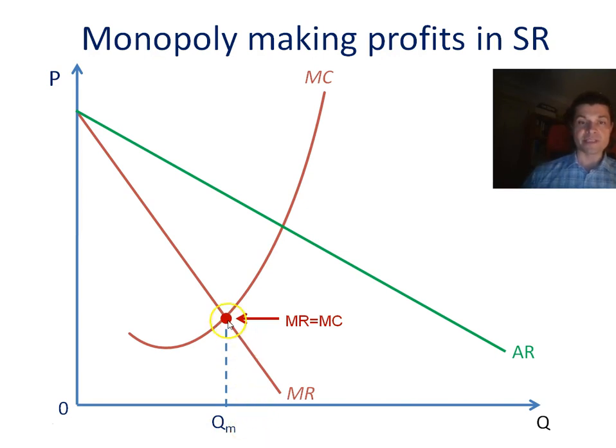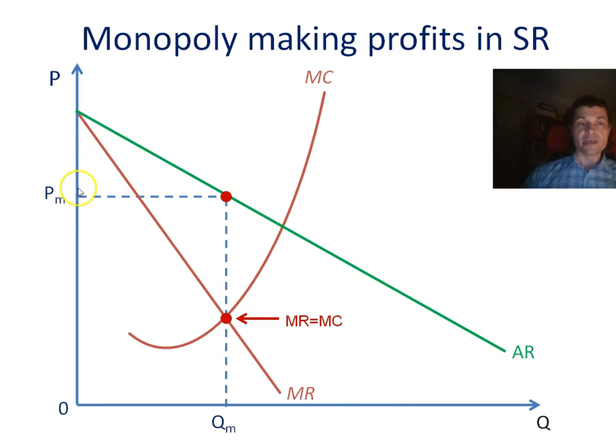Now, a very common mistake that people make when they choose a monopoly's price is to go across here, which is not correct, since the price is given by the monopoly's demand curve, or the monopoly's average revenue curve. So to get the monopoly's price, we need to go up to the demand curve at the level of output Q star, or QM in our case, and then go across to the price axis.